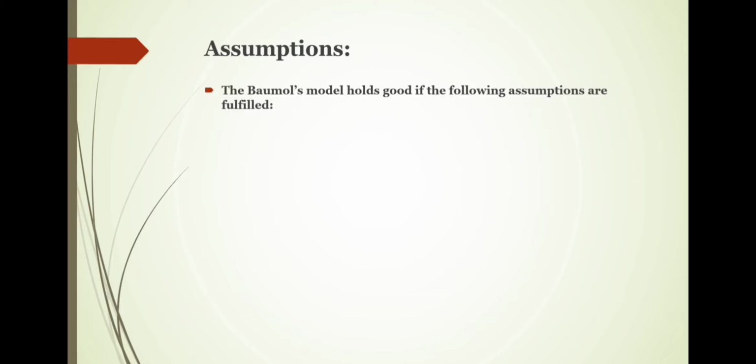Assumptions. Baumol's model holds good if the following assumptions are fulfilled. First, the rate of cash usage is constant and known with certainty. The model has limited use in times of uncertainty and for firms whose cash flows are discontinuous or bumpy.